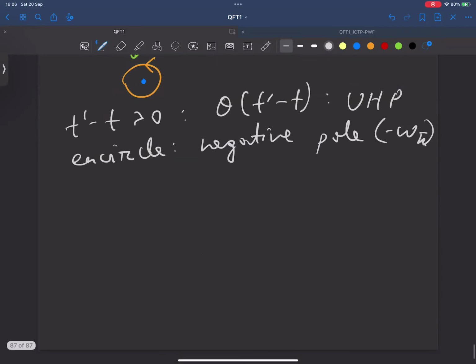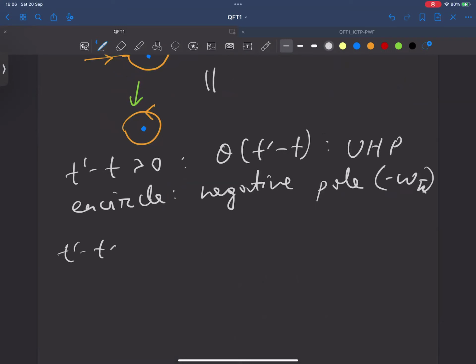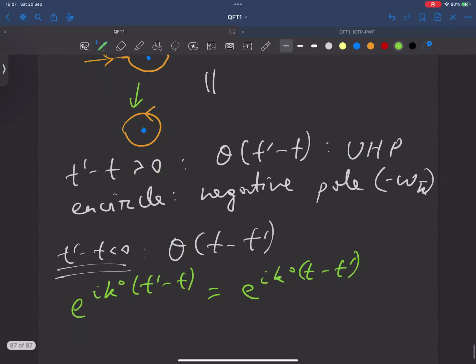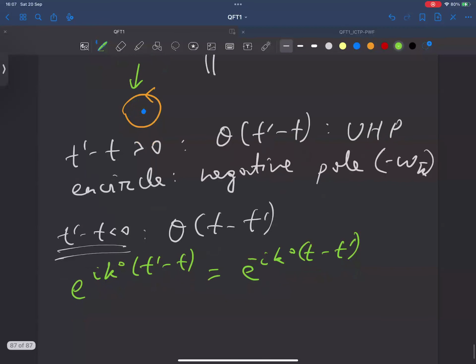Now for the other case, when t prime minus t is negative, we will do exactly the opposite thing. Why? Because again, zoom in on that factor, e to the power i k0 (t prime minus t). Now because this is negative, this becomes minus i k0 (t minus t prime), so overall it's negative.